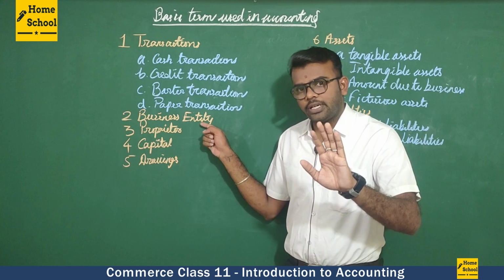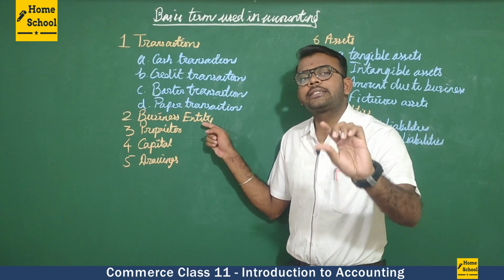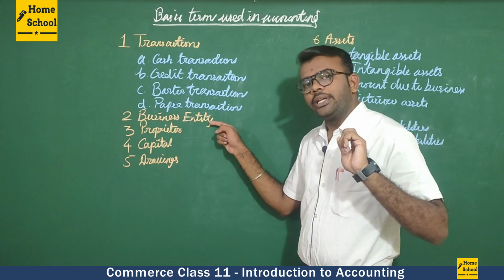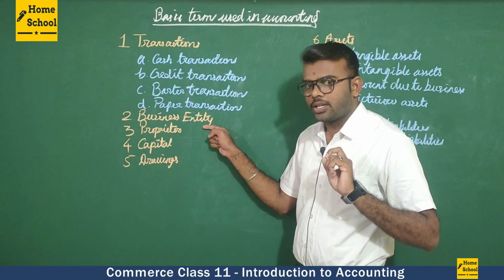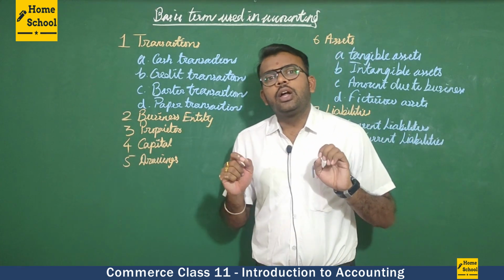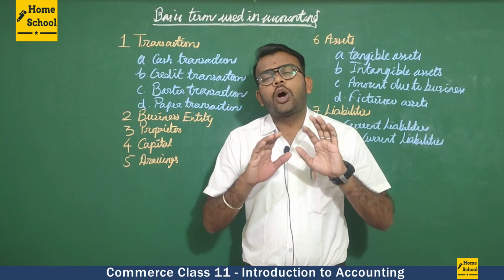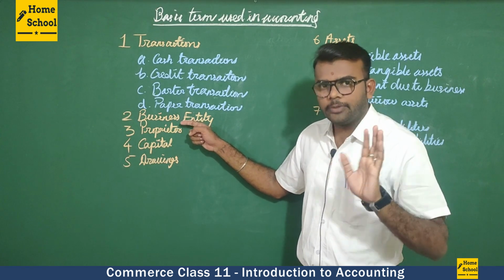Entity, in simple words, we can say, is existence. Business entity means the business has an existence. Remember one thing: under the business entity concept, we need to enter all the transactions from the business point of view only.